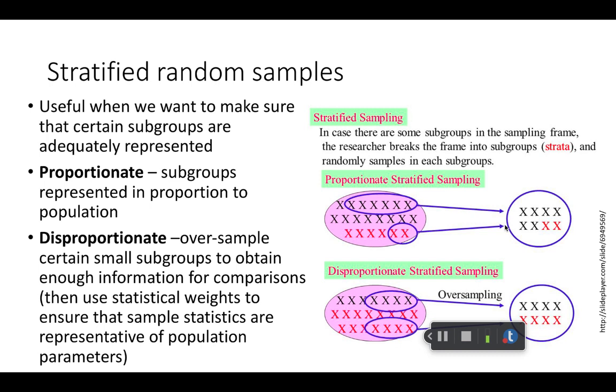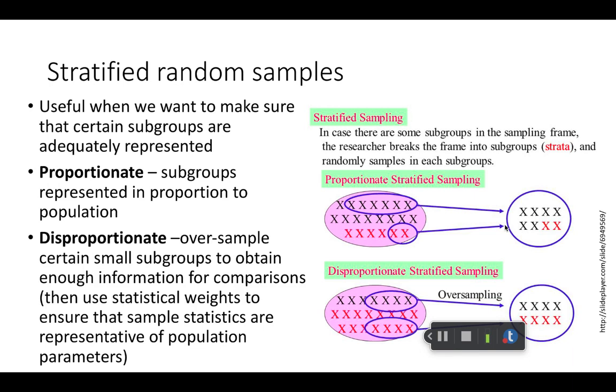So here you see on the right there are examples of this. In stratified sampling, again, there are some subgroups in the sampling frame, and we're going to break the sampling frame into these groups and then randomly sample from each group. In the proportionate sampling example, we sample black X's and red X's. There are more black X's in the population, so we find more of them in the sample than we find red X's.